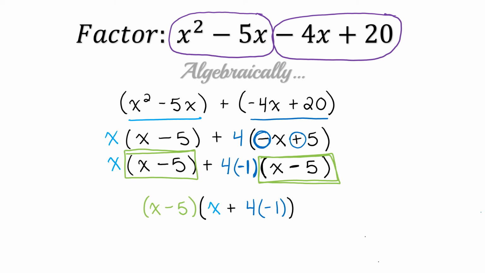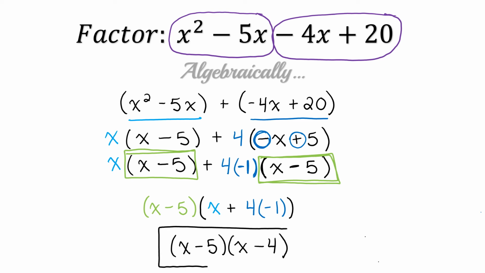So our factored form is the quantity x minus 5 times the quantity x minus 4, which was the same answer we got using the other method.